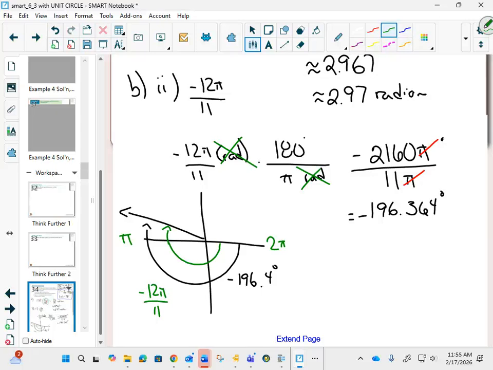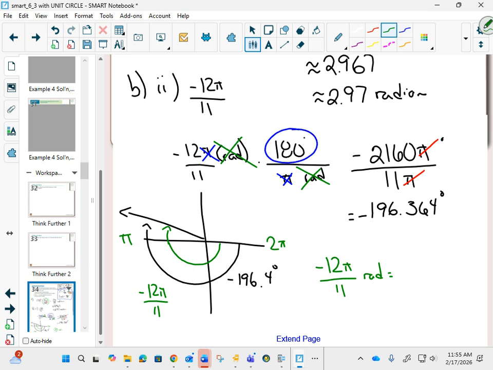Also, changing from radians to degrees, there is a shortcut when there's a pi involved. So I started off with negative 12 pi over 11 in radians. The shortcut is as follows. Did you notice that these pi's would cancel out, and you're just left with the 180?